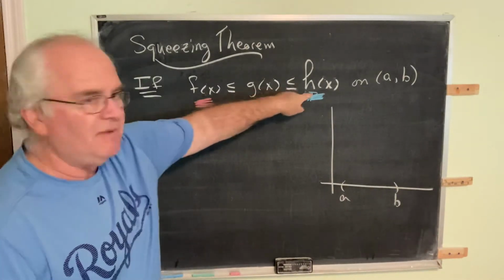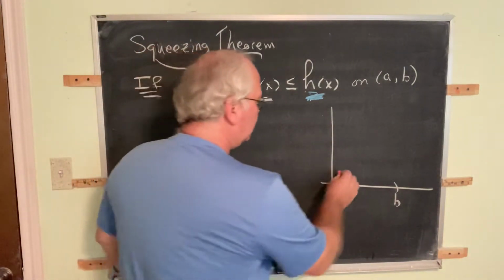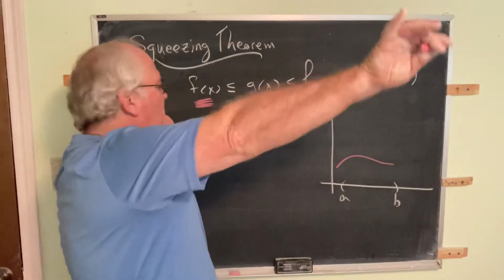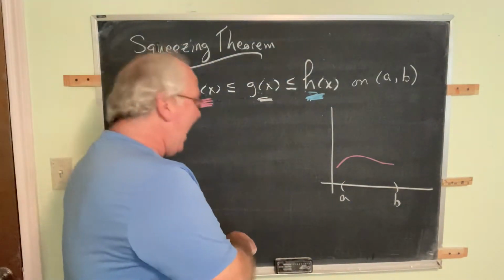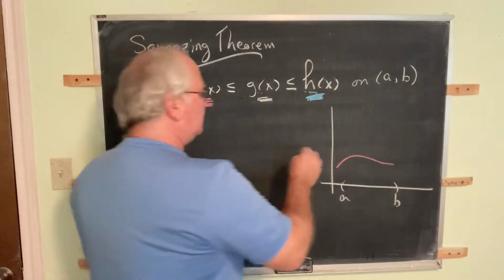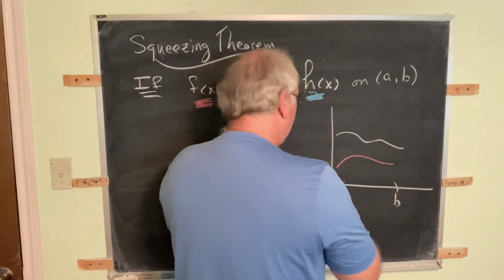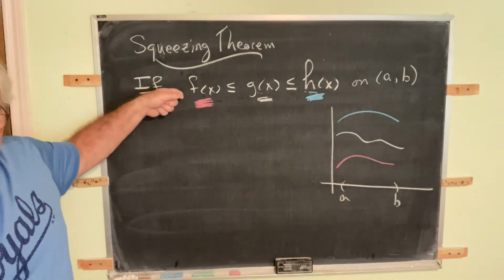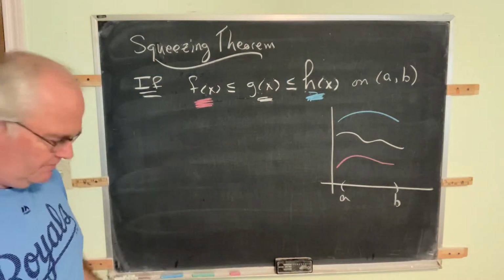Little, middle, big. And so f of x has to be down here somewhere. Outside of this interval, I don't care what happens. And we also have g of x in the middle somewhere, and h of x is up here on top. So that's what's happening. f is on the bottom, g is in the middle, h is on top.